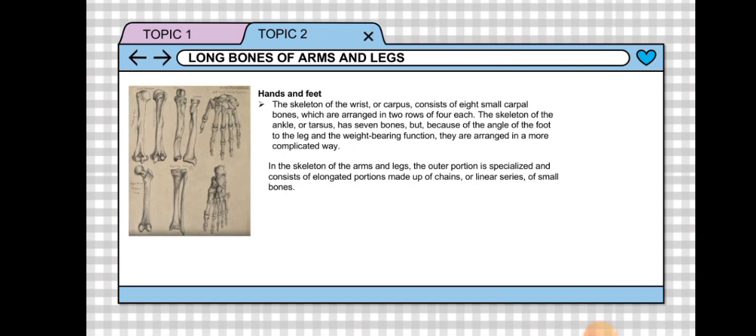The tarsal and metatarsal bones form the arch of the foot, which gives it strength and enables it to act as a lever. The shape of each bone and its relation to its fellow are such as to adapt it for this function.